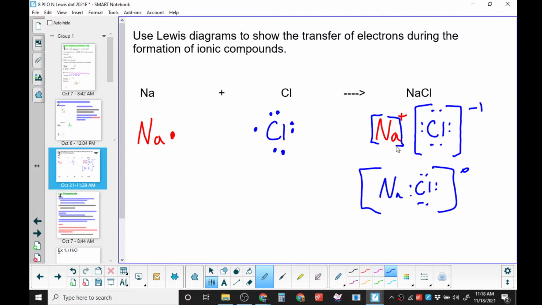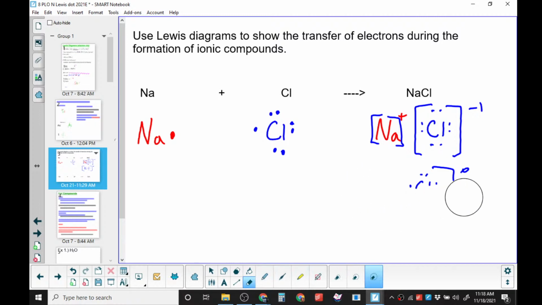Yeah, that's fine. The reason we put square brackets is so that you know that that -1 is not due to any specific electron, and we're separating the electronic structure from the charge because the charge applies to the whole thing. So we don't want to say that -1 is specifically up here or anything.